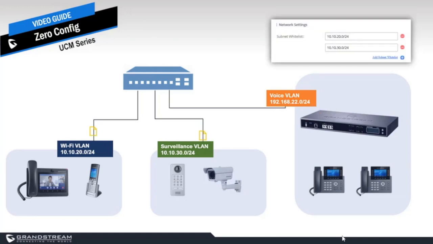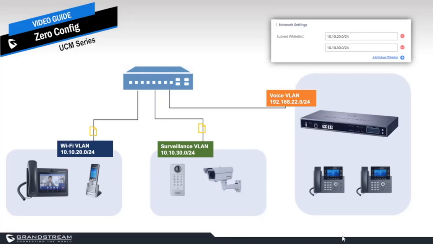The solution to that is the whitelist, or subnet whitelist. To allow devices from the Wi-Fi VLAN and surveillance VLAN to request configuration from the UCM, you will need to add the network address to the subnet whitelist on the UCM. In our case, we're going to add 10.10.20.0 and 10.10.30.0 for the other 2 VLANs.